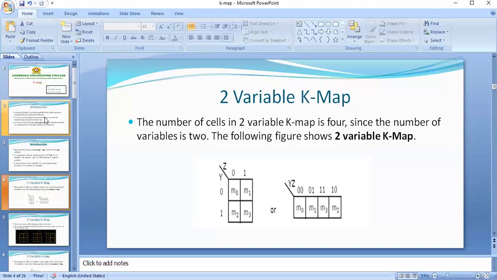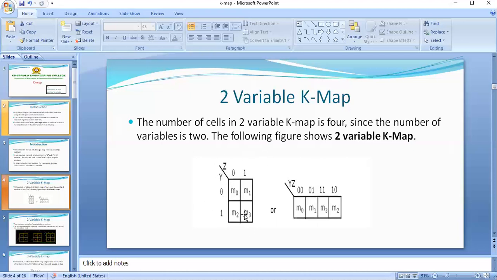For a 2 variable K-map, or 3 variable or n variable K-map, the ordering of the variables is also important. We have to represent the variables in the K-map in a particular order. See here, I am taking variables y and z. So we have to write y here and z here.